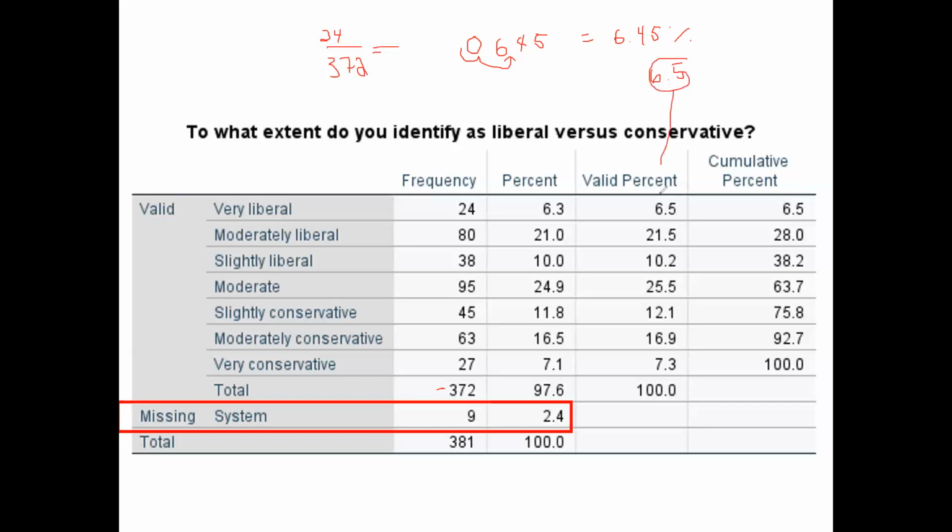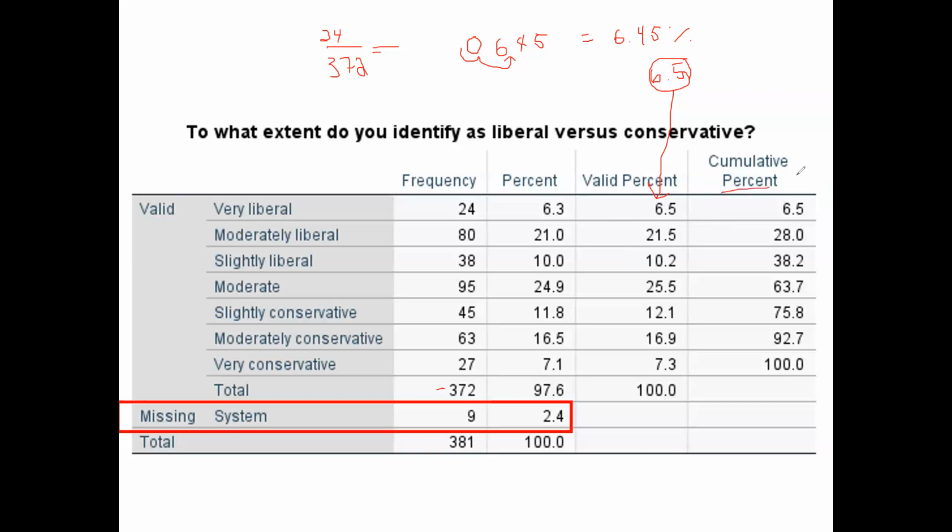So this is the same as this, right? So valid percent would be the same thing as relative frequency here in the first one, but then cumulative frequency would be over here, all right? Except instead of being expressed as a proportion, it's expressed as a percent, right? So this is valid percent rather than relative frequency, right?